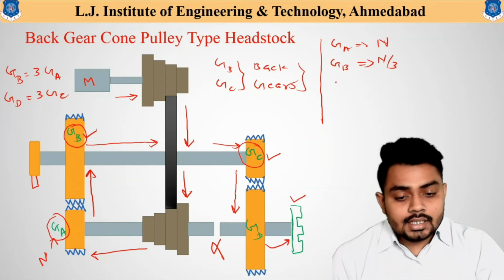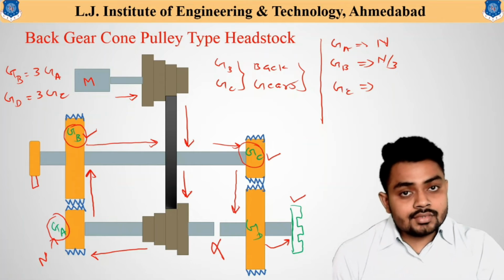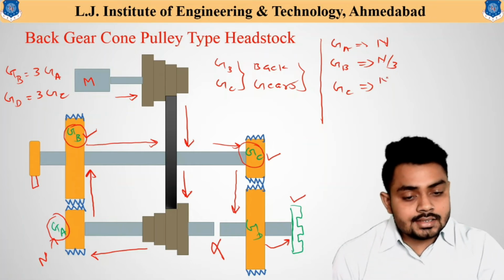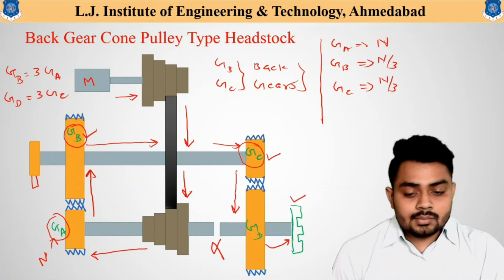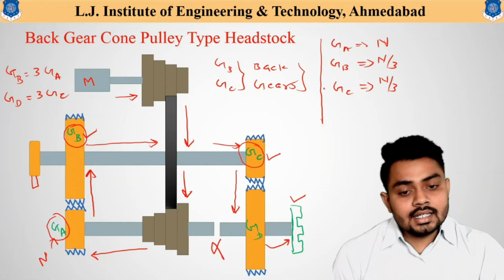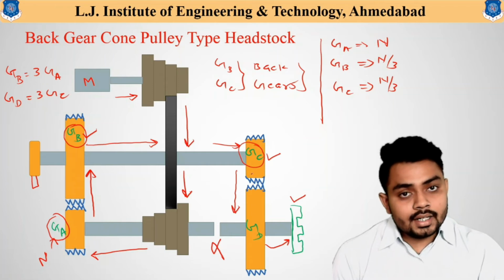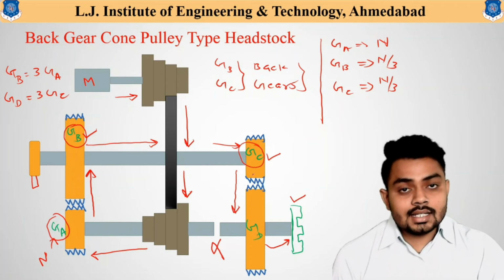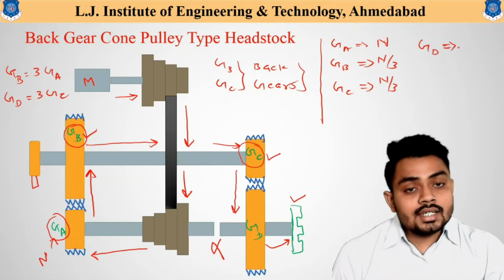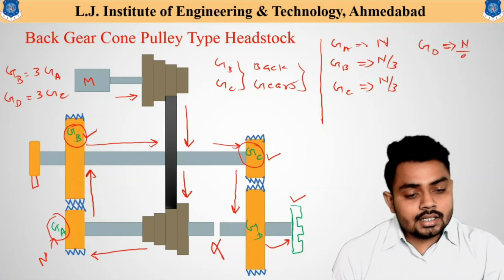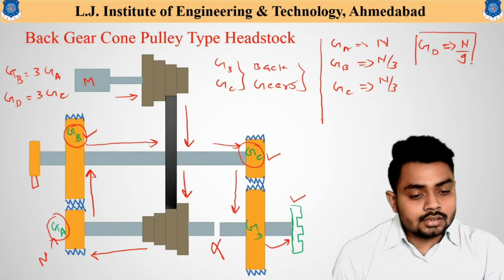Similarly, gear B and gear C are connected on the same shaft. That means gear C has the same RPM as gear B. Now gear C and gear D are in engaged condition, and gear D is 3 times larger than gear C. So using the gear ratio equation we can say that gear D has an RPM of N divided by 9.